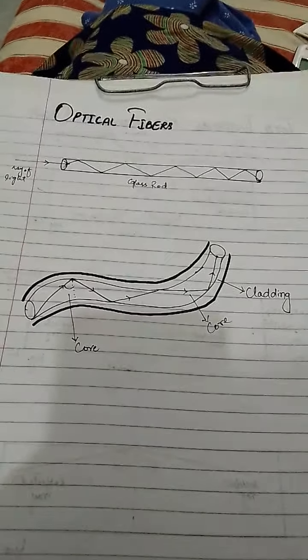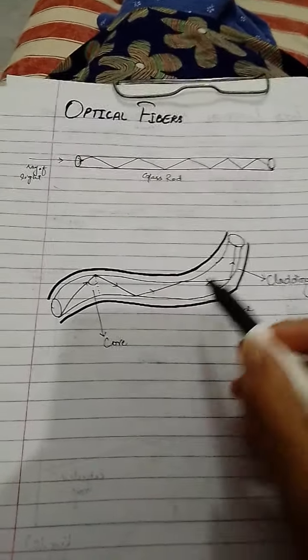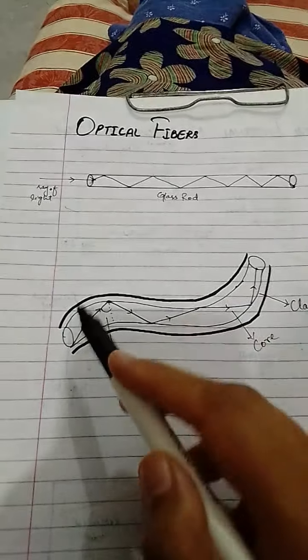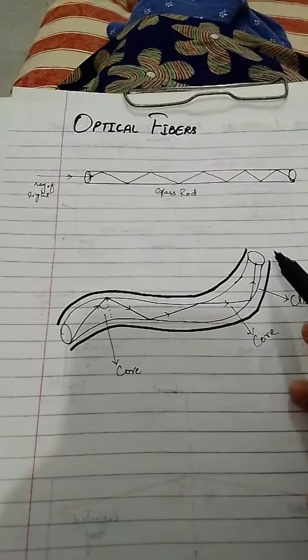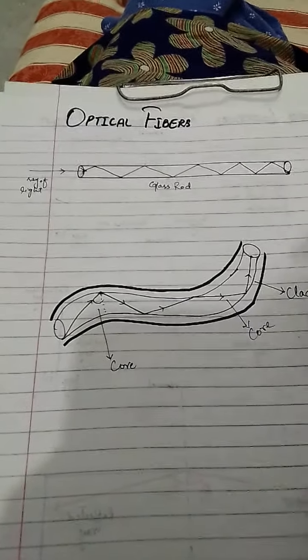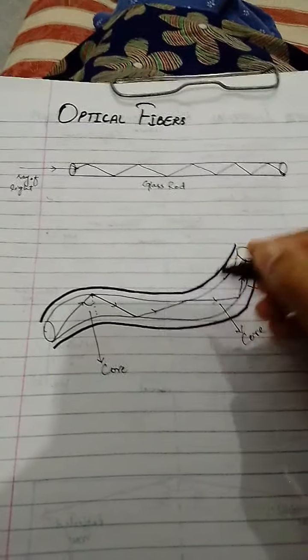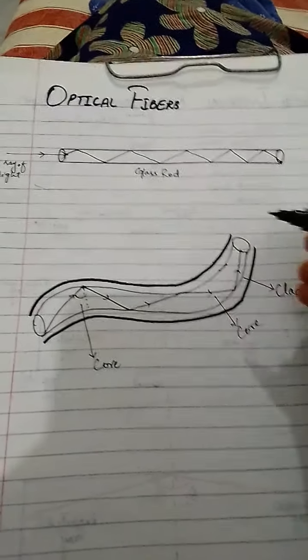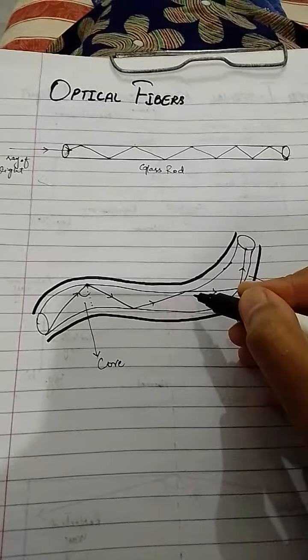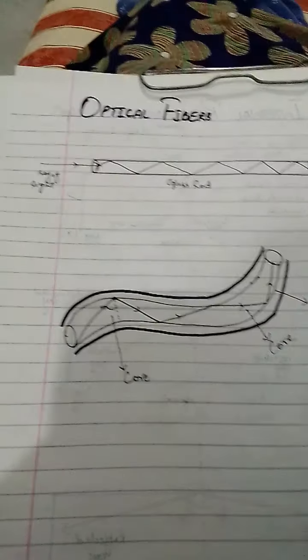Cladding is a covering or an insulation provided to the core. Cladding is provided so that we will have a medium other than the glass of the core itself.